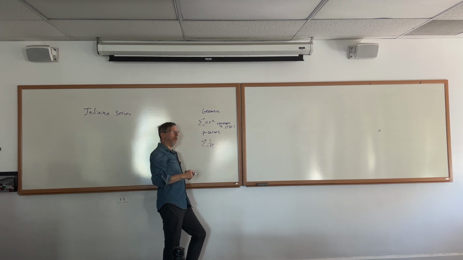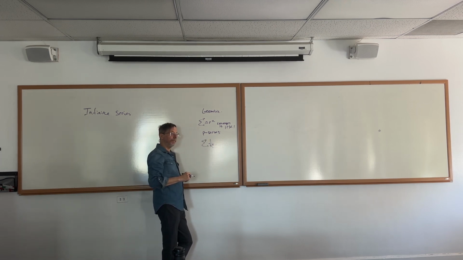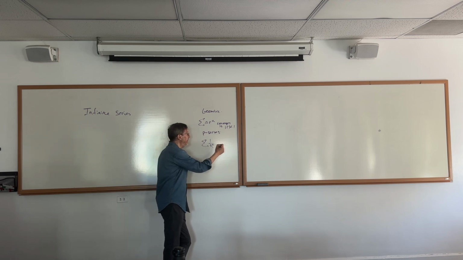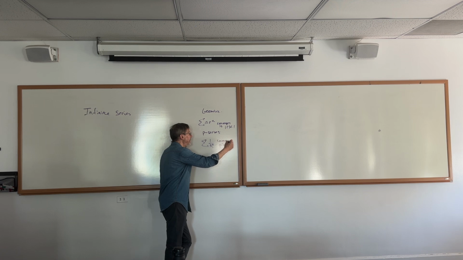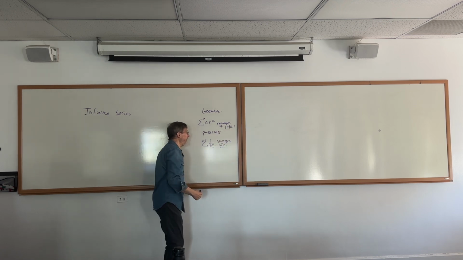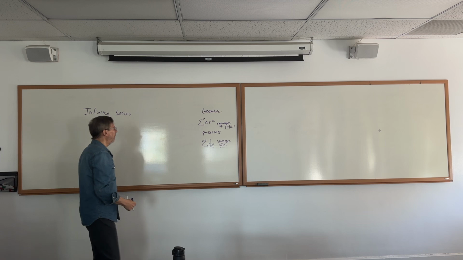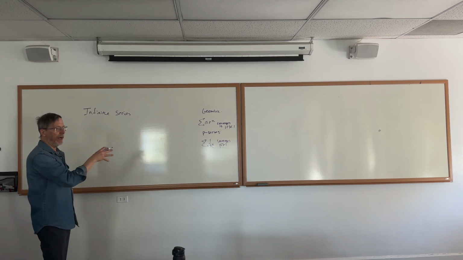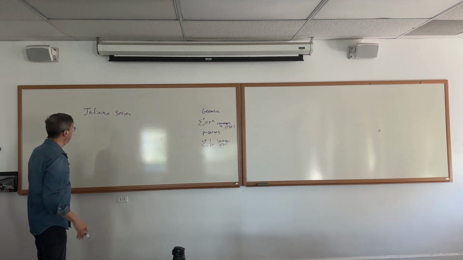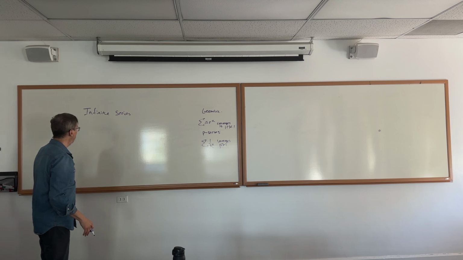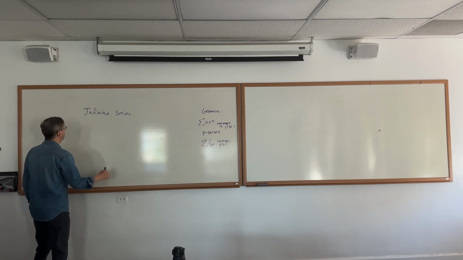When does this converge? When p is greater than 1. Yes, p is greater than 1. So these are just facts to have ready. There are some other types that we'll probably get to, but these are our main kind that we can really fully understand. And we will use them over and over again as comparisons.